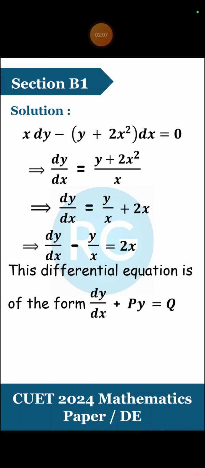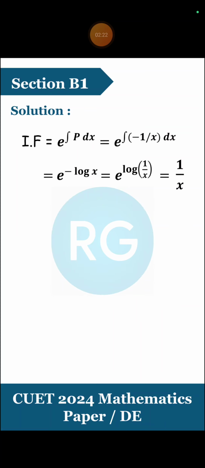So it is of the form dy by dx plus py equals to q, where p is equals to minus 1 by x, and that is going to help me in finding out the integrating factor. So the integrating factor will be e raised to the power p dx, and we already know that p is minus 1 by x. So I'll land with the answer e raised to the power minus log of x, right?